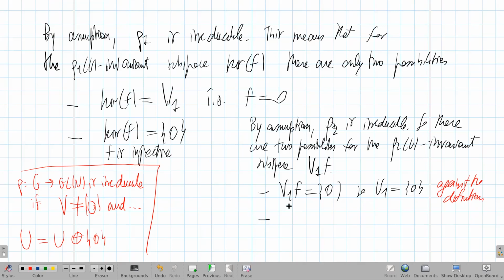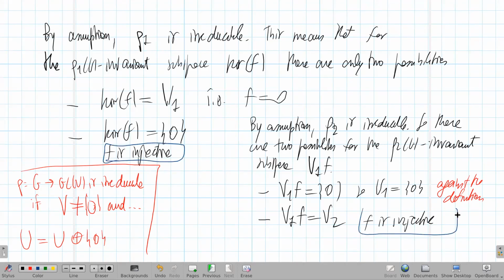So the other possibility, since the image under F of V1 is rho 2G invariant, is that it's the whole of V2. So this means F is surjective. Okay, and if you put together that F is injective and F is surjective, you obtain that F is an isomorphism, as F is bijective.